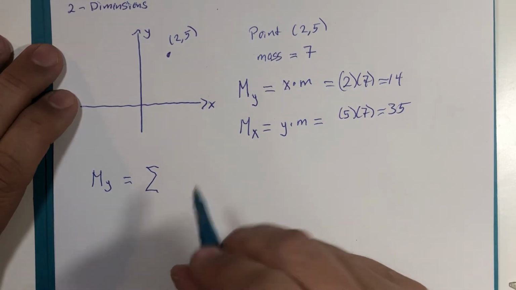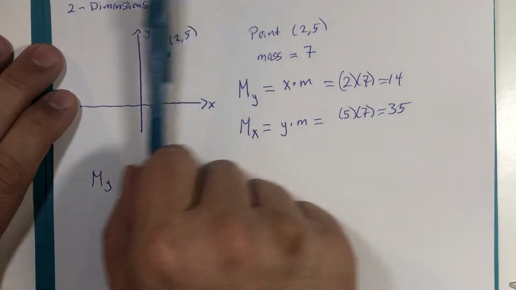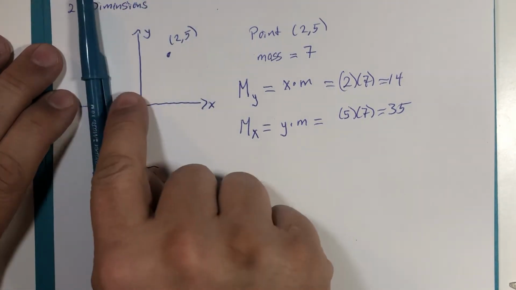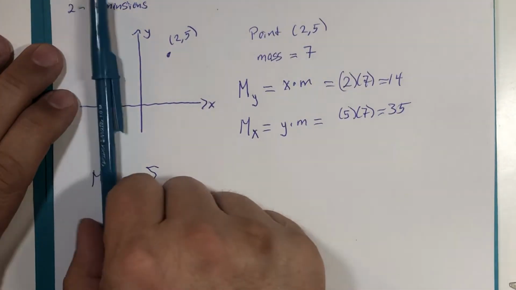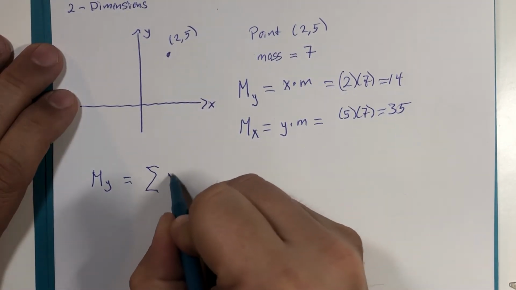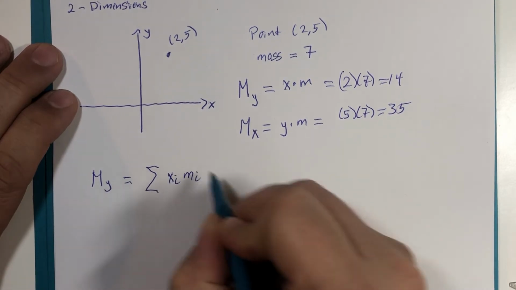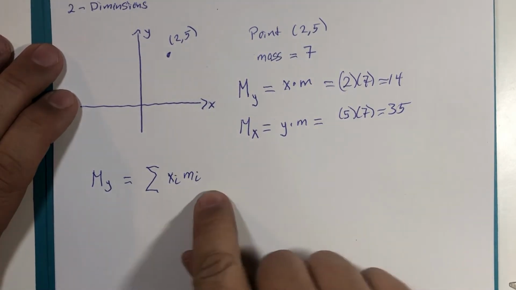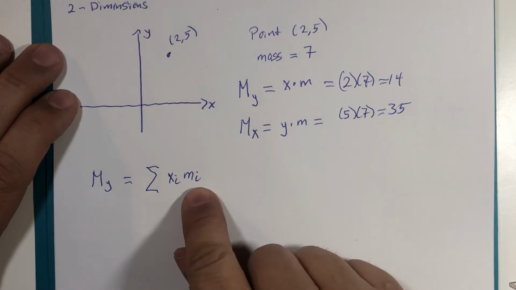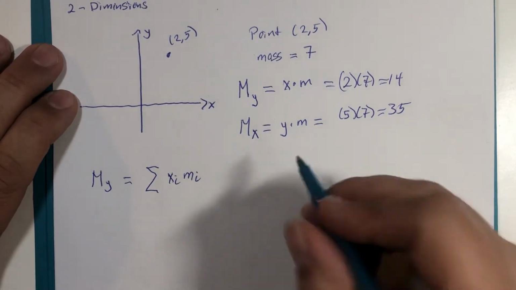So around the y-axis, if you get something positive in this sum, that means whatever this shape looks like, the center is to the right of the y-axis. So we'll take all of the individual x values multiplied by their masses, and this would be our short, simple little formula for saying if there are multiple points, this is how we'll do the calculation.